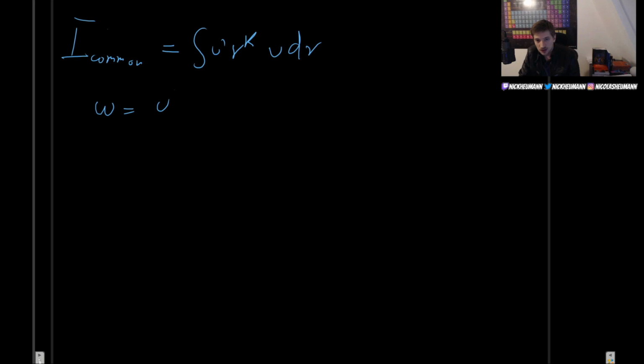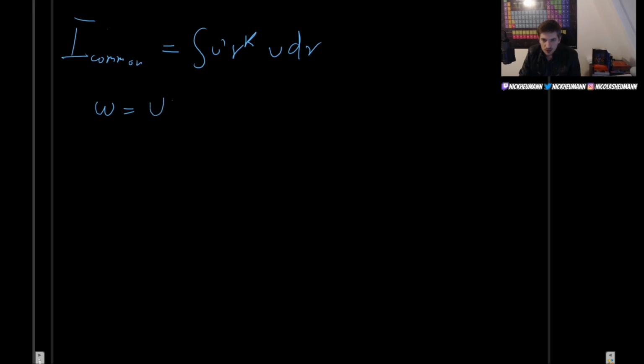So this integral, maybe let's call it integral common, this common integral that we will find is u prime r to some power k and u dr. So let's solve it the way we have been solving so far. Let's call w to be u prime times, let's see, should we use this? We should probably do it the other way around, I would say.